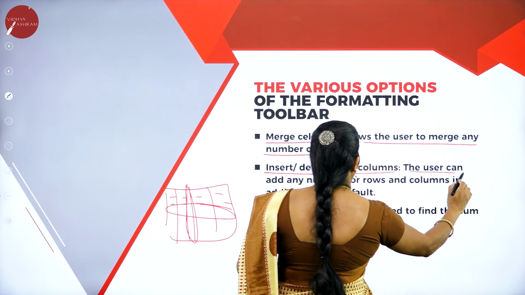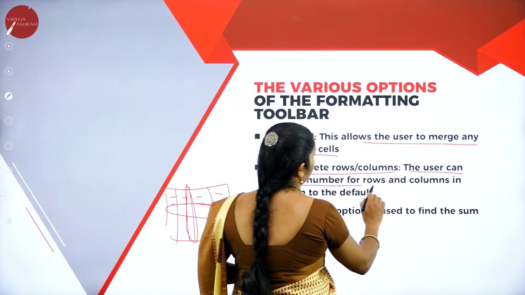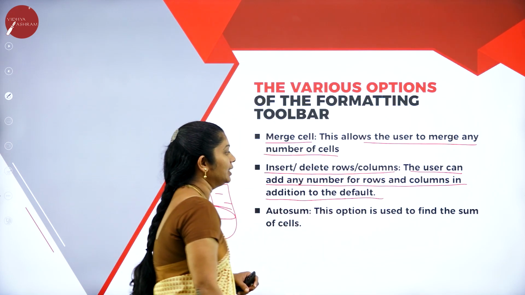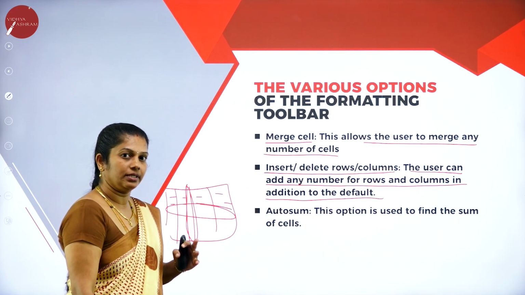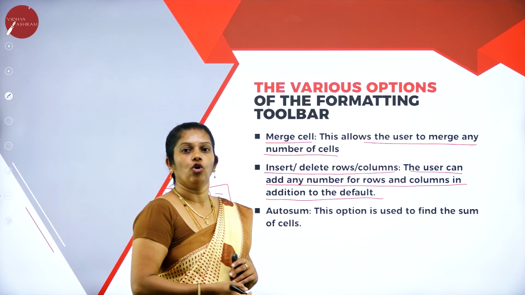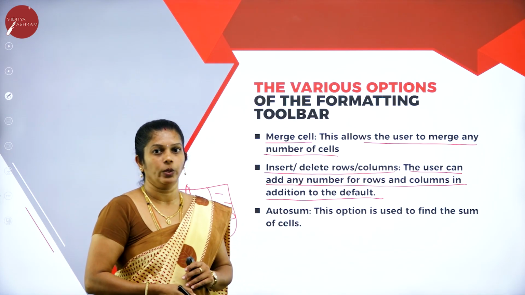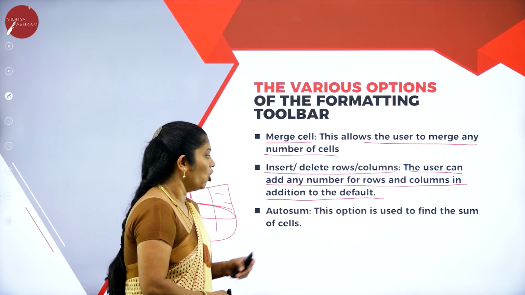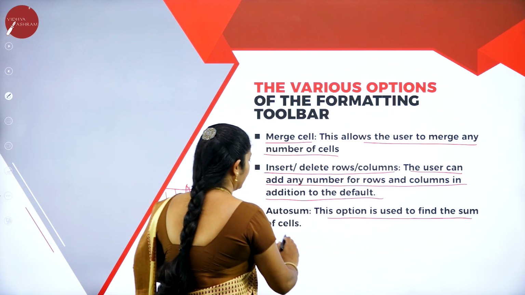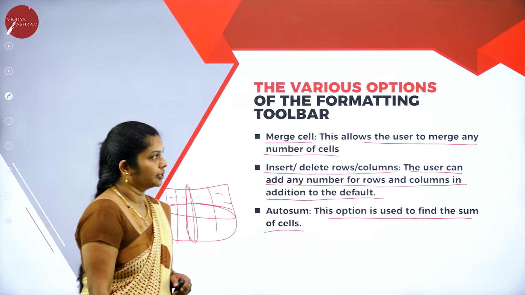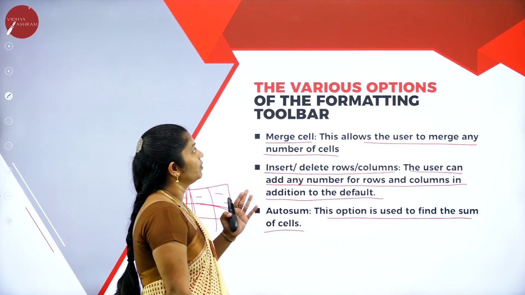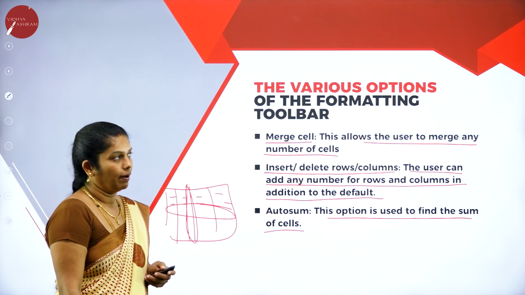The user can add any number of rows and columns in addition to the defaults. Whatever rows and columns we already have, additional rows as well as columns we can insert as well as delete. And auto sum, this option is used to find the sum of the cells here. And these are the major features of the formatting toolbar.